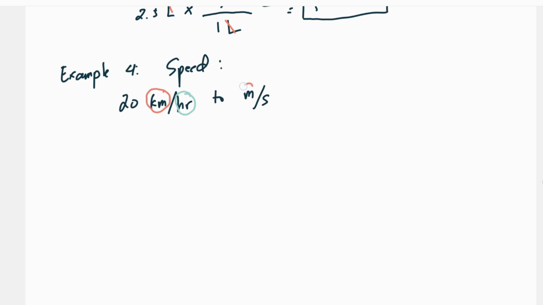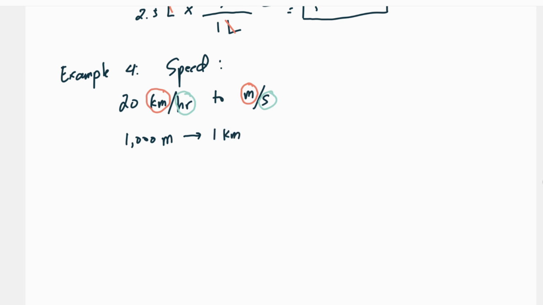And the same as with this one, meter is also a unit of length, and of course, our second here is also a unit of time. So therefore, we need to have two conversion factors for the unit of length and for the unit of time. And in this case, we know that 1,000 meters is equivalent to 1 kilometer.